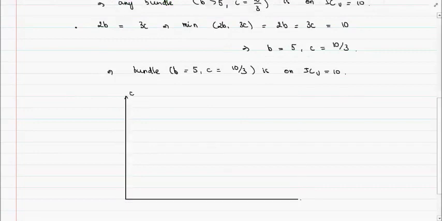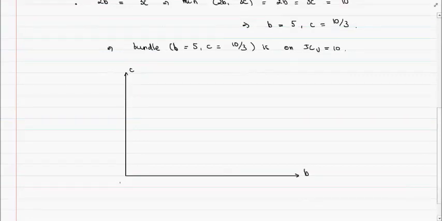Again, I have C on the vertical, B on the horizontal, and 0 as the origin. On the horizontal axis I mark 5, 10, and 15, counting 1, 2, 3, 4, 5, 6, 7, 8, 9, 10, up to 15.